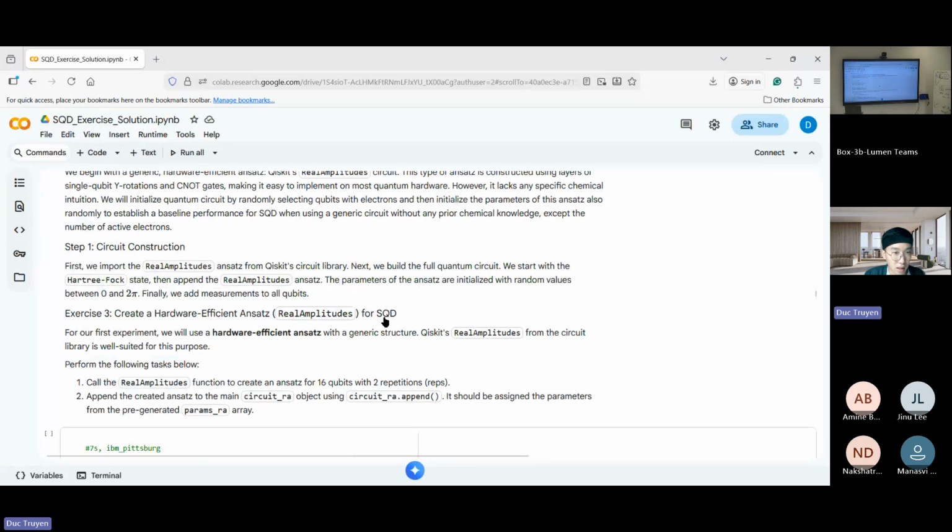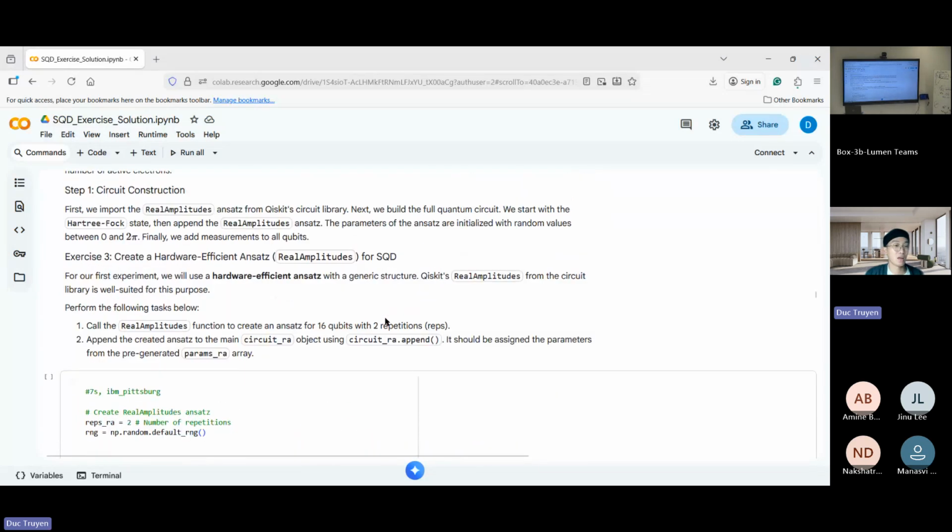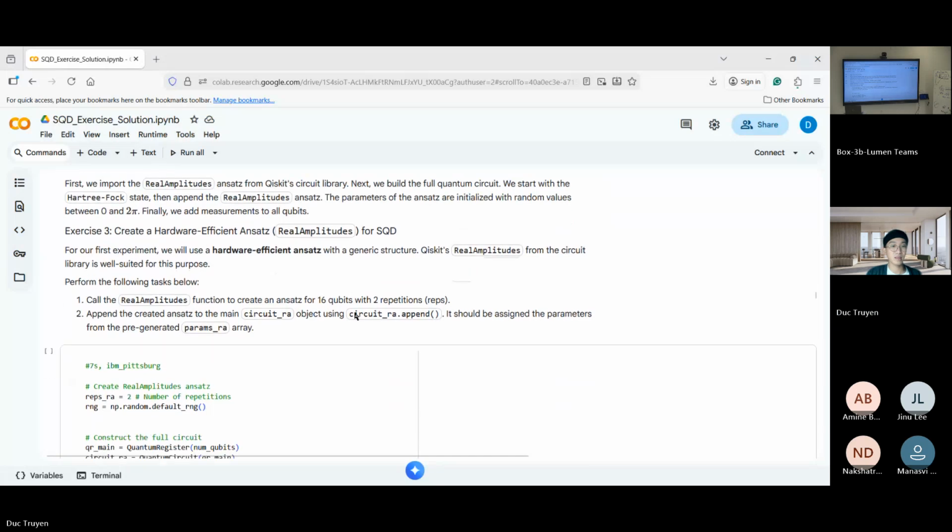Okay. For exercise 3, we try to create a real amplitude hardware-efficient ansatz for SQD.